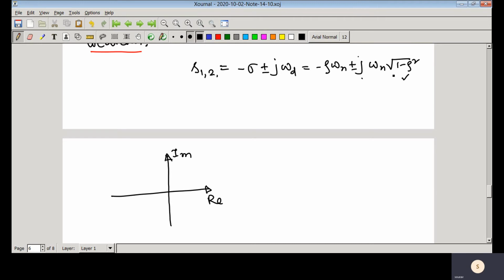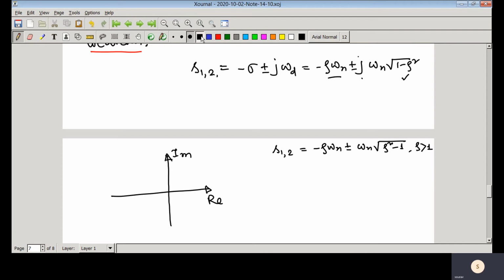So when zeta is greater than 1, you can see this is negative and plus minus some negative value, that is square root of zeta square minus 1. So that means here the case s1,2 is minus zeta omega n plus minus omega n square root of zeta square minus 1, because here zeta is greater than 1. So this is the overdamped case.